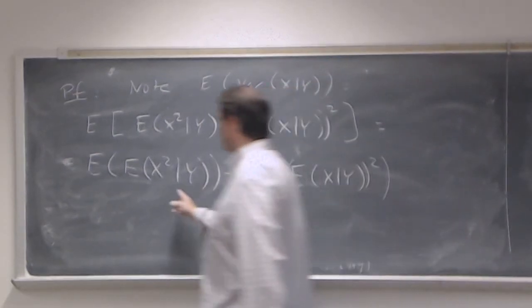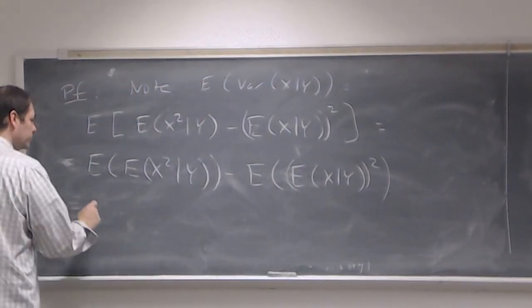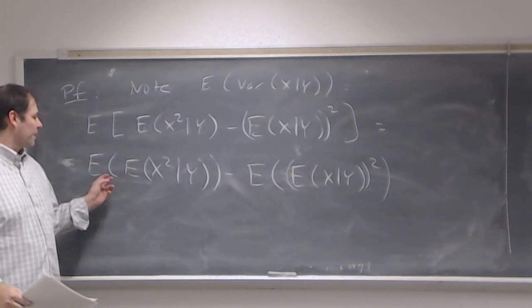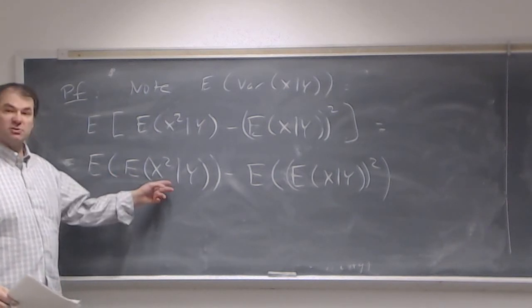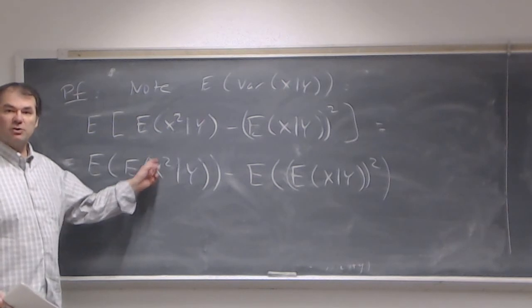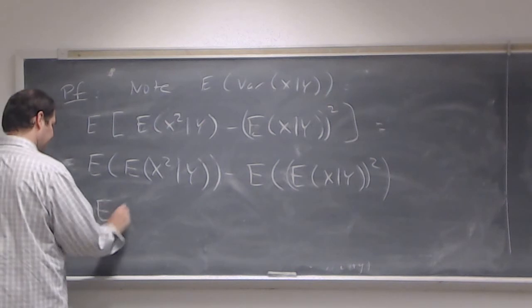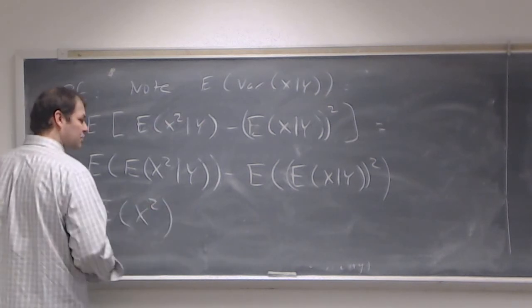Okay. So this part, I'm going to use a fact that I mentioned in the last video, and that is, if you take the expected value of the conditional expectation of a function of x given y, that's nothing more than the expected value of the function of x, here the expected value of x squared.